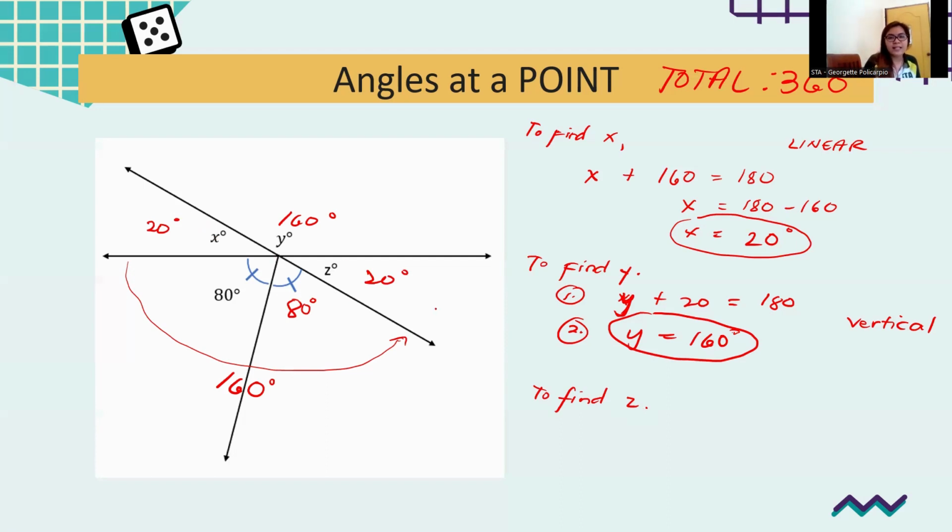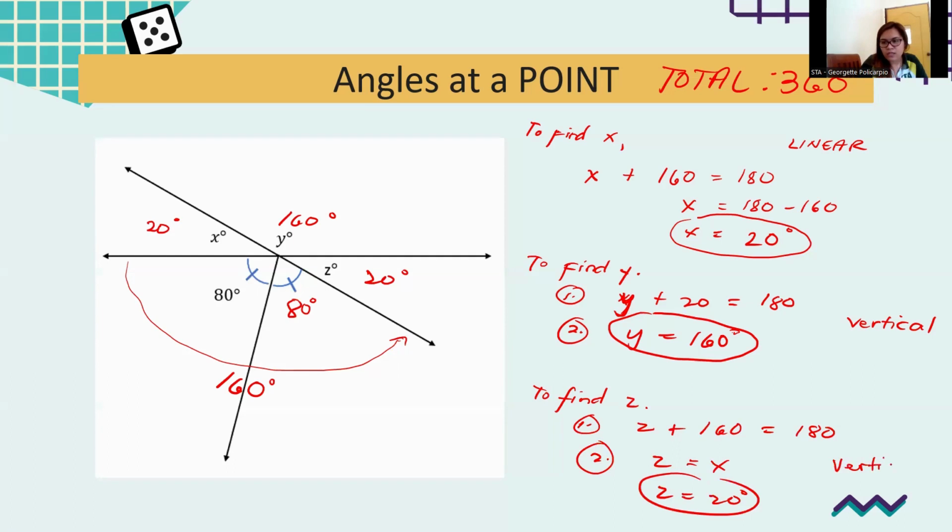The first, you can consider supplementary or linear angles by finding the number that should be added to 160 to result in 180. Or, to make it easier, z is vertical to x, so z is equal to 20 degrees too. Then y is equal to 80 plus 80, because they are vertical, so it became 160.